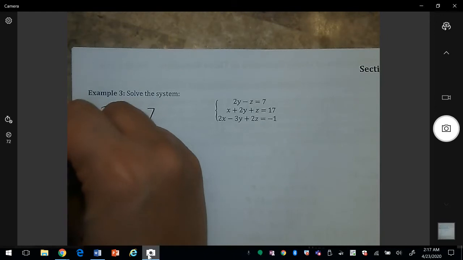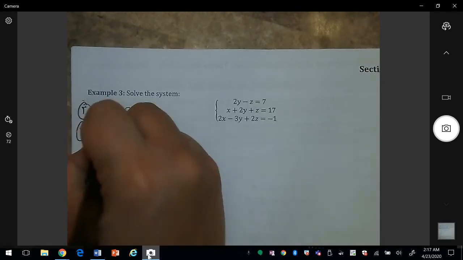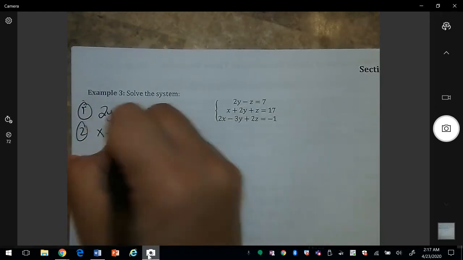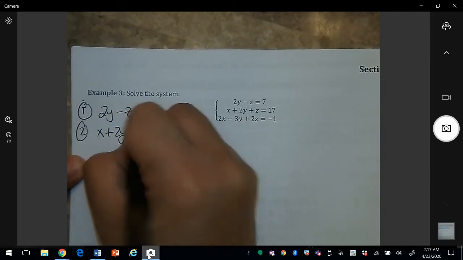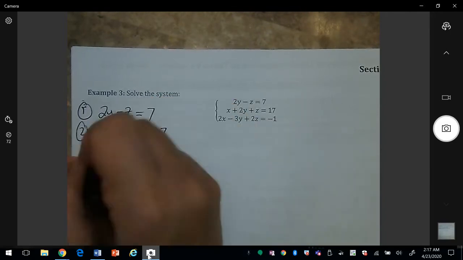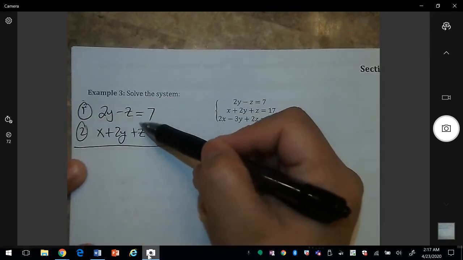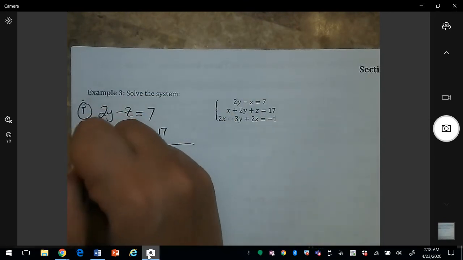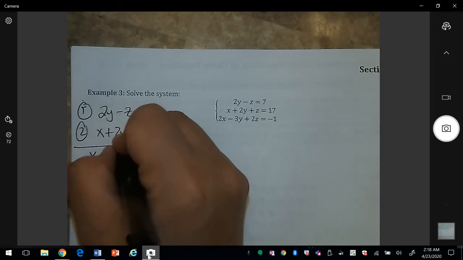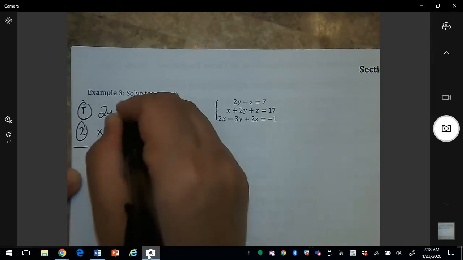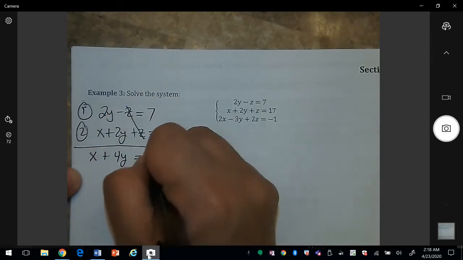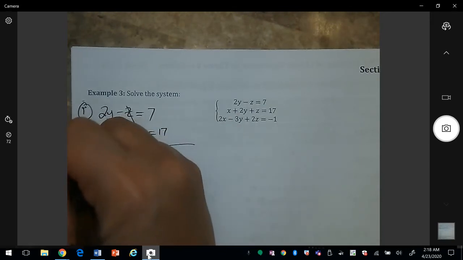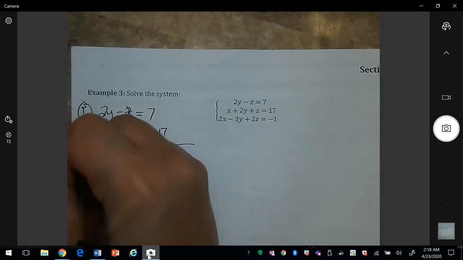And we look at number 2, which is x plus 2y plus z equals 17. Notice that the z already has opposite coefficients, so I can just add. So I'm going to get x plus 2y plus 2y is 4y. The z's become 0, equal to 24. So I'm going to call this equation number 4.